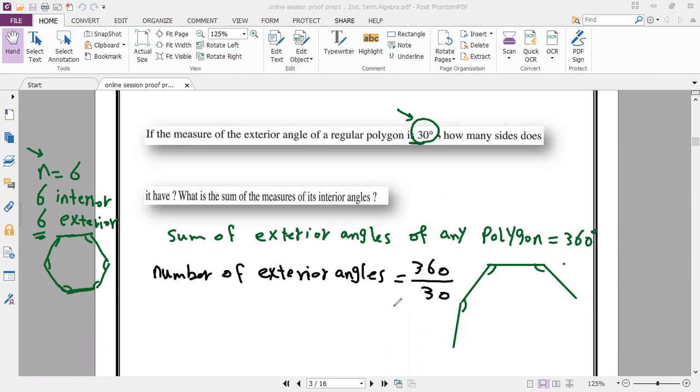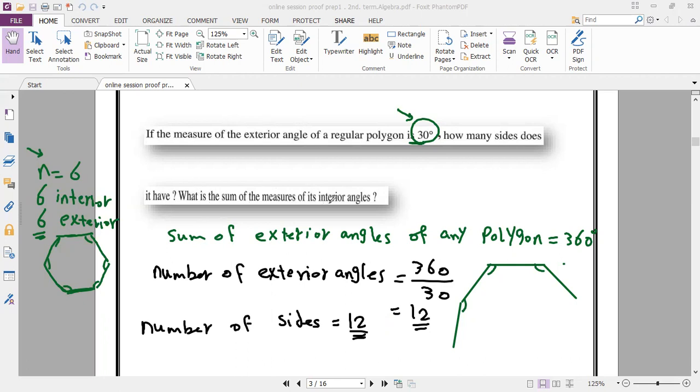Okay, cancel 0 and 0, so it will be 12. That means we have 12 exterior angles. And having 12 exterior angles leads to having 12 sides and also 12 interior angles. So the number of sides, n equals 12.